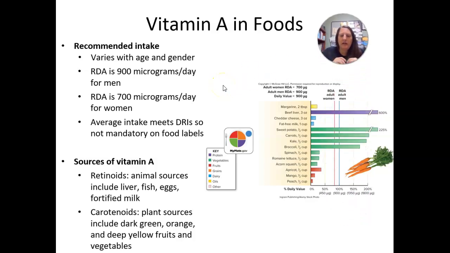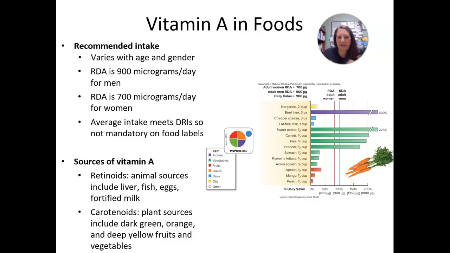The RDA varies with age and gender. I gave you levels here for adult men and women. If we're talking about children or other age groups, pregnancy, different stages, these numbers are going to vary. If you think back to the beginning of this semester, when we used DRIs, remember Appendix J of our textbook that had RDAs, AIs, and ULs for all of the different macro and micronutrients.